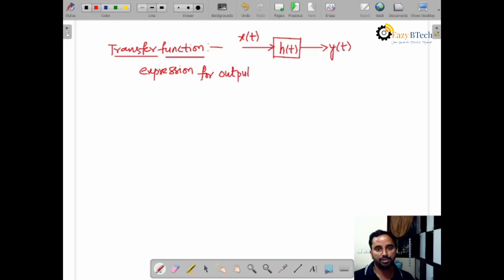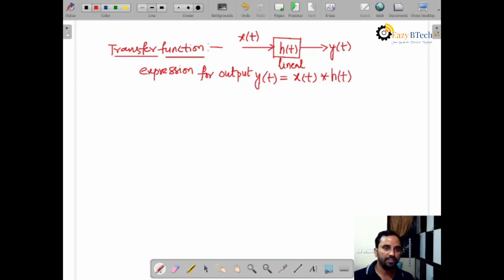So what is the expression of the output signal in the case of a linear system? Y of t equal to x of t convolution h of t.